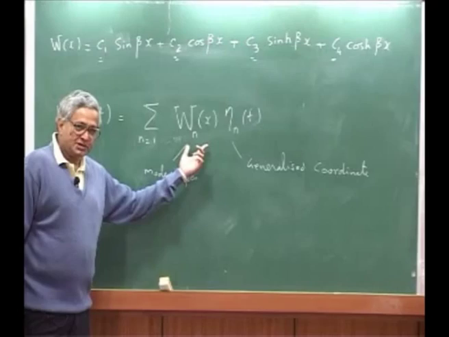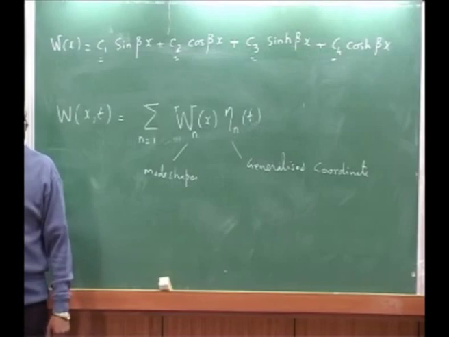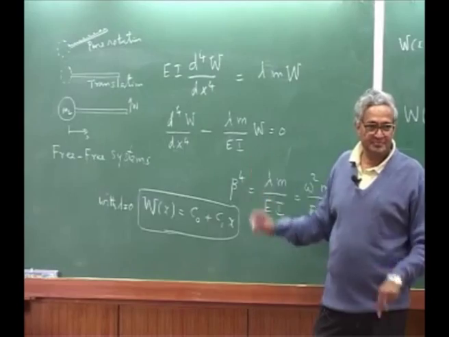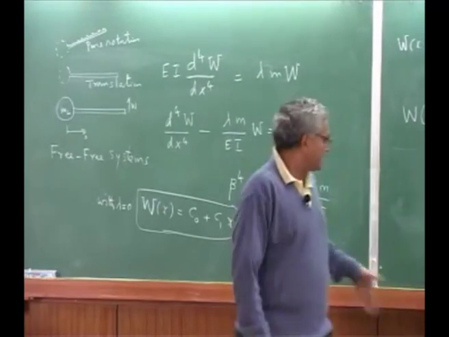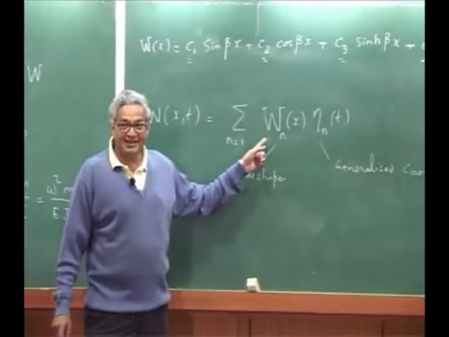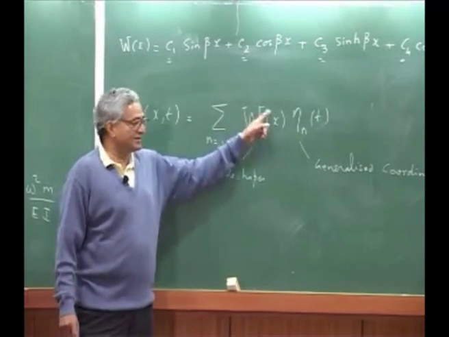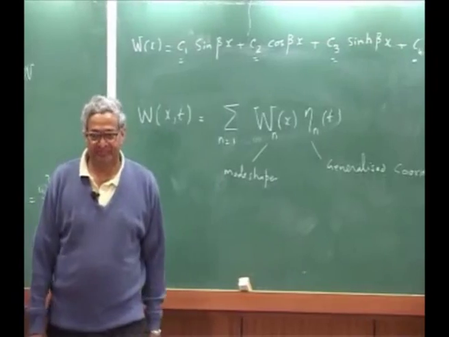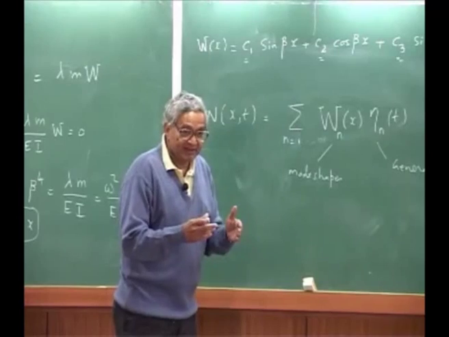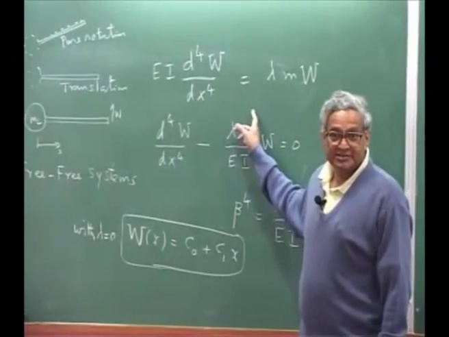Now you see, how did I get that mode shape? In this particular case, I was able to solve the problem. If I cannot solve this problem, then you can always make an assumed mode shape. That means you assume this function. But what we got was exactly the function which satisfies the boundary conditions as well as the equation.